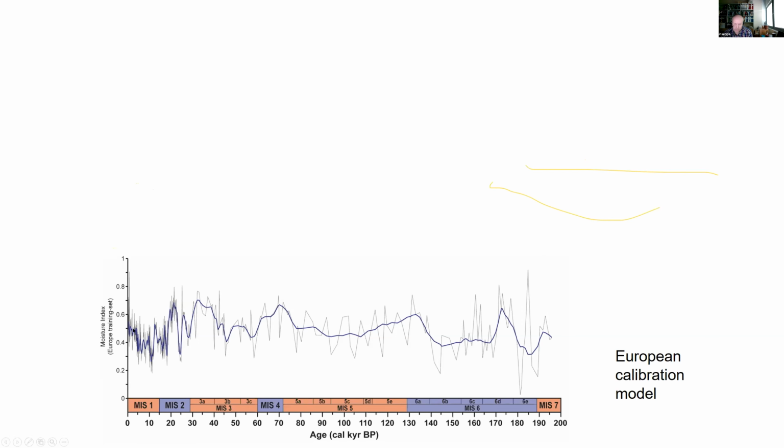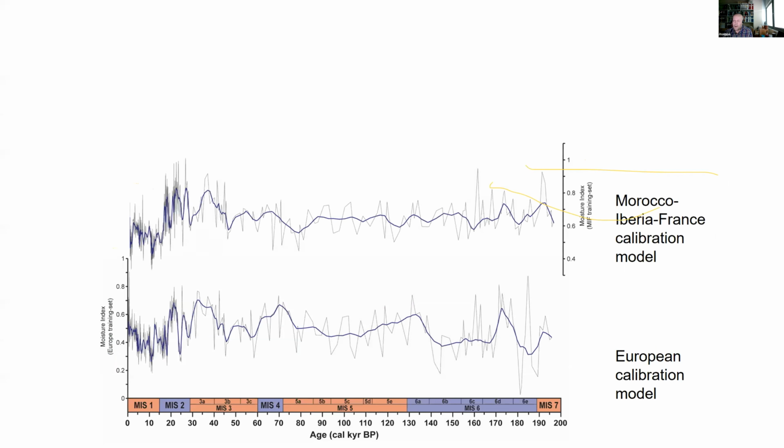And in the Holocene actually the moisture index goes down. This is strongly driven by Pinus. And then this is the Morocco, Iberia, France calibration model. Still we see the same features, high moisture index in the last glacial maximum and dry conditions in the Holocene.